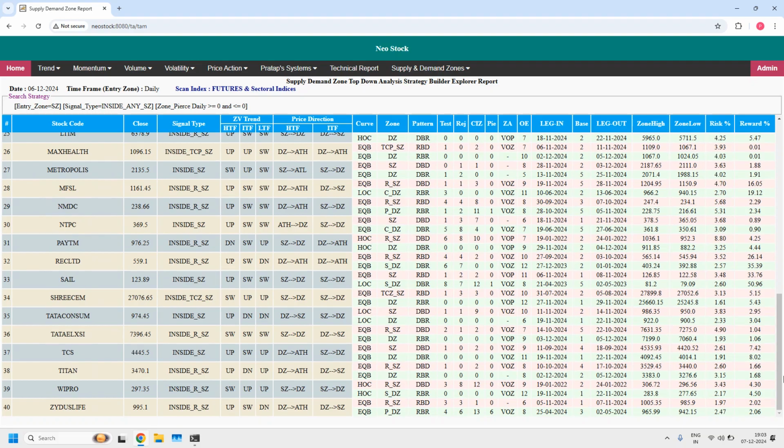So total 40 stocks are filtered where price closed inside the daily supply zone. Okay, now out of these 40, there could be high probability setups, daily supply zones that we can find based on the daily EMA confluence. Daily supply zones with daily EMA confluence.